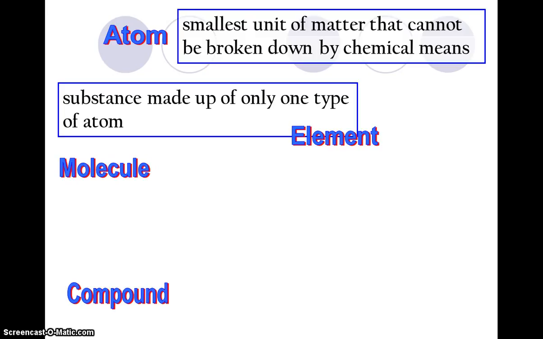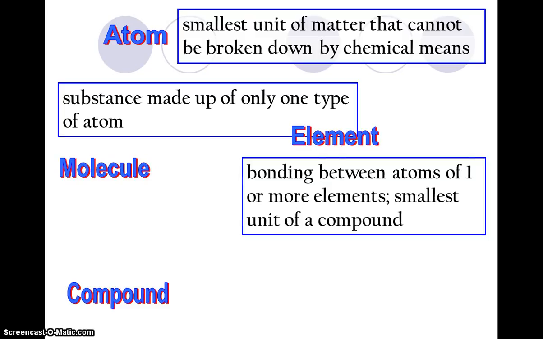You can put a bunch of atoms of a particular substance together and it makes up an element. So all the atoms of one particular substance go into forming an element. So for example, the element gold. Gold is made up of a lot of small atoms of gold that make that element gold. Same thing with carbon, helium, and other elements on the periodic table.